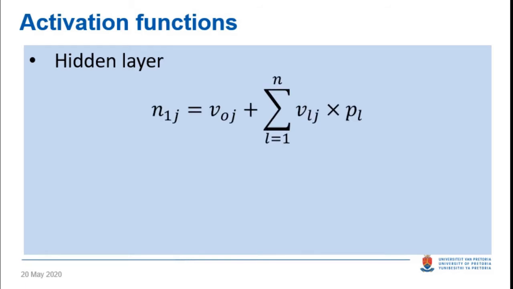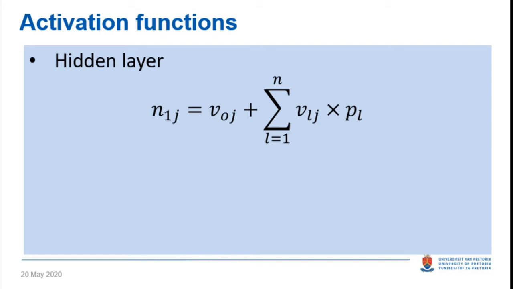So remember, J looks at the number of units. It's basically the number of units in your hidden layer. So your N1J, the N1 is just indicating that the function is N1 as opposed to just N, because we're going to have a second function which will be used for the output layer. J is referring to the jth unit in your hidden layer.